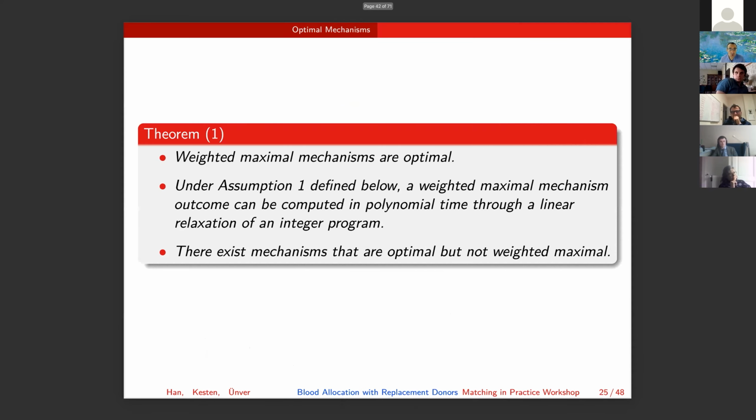Okay, so these weighted maximal mechanisms are optimal under a basic assumption of convexity that I'm going to talk about. Also, you can compute them as a relaxation of a linear program, although it's an integer programming problem. And since a linear program can be solved in polynomial time, you can solve this in polynomial time. And there exist mechanisms that are optimal. So our class is more general than this weighted maximal class, but these are the most practical ones.